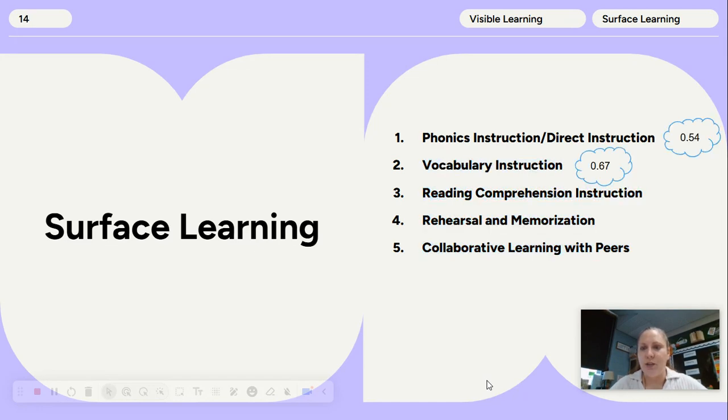And just going back a little bit, so phonics instruction has a 0.54 effect size, and vocabulary instruction, a vocabulary program, has a 0.67 effect size. I'm going to teach you some vocabulary strategies, but the research has been done on an actual vocabulary program, but these are the ones that have been highlighted in the book.